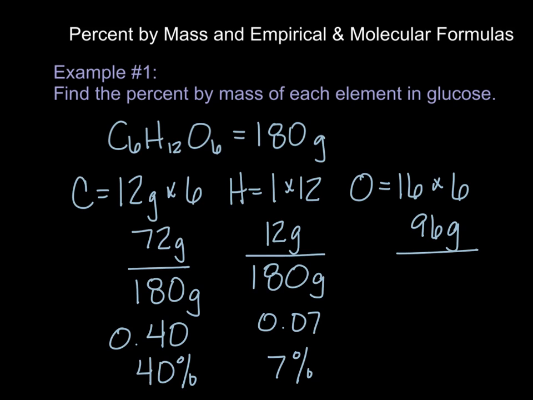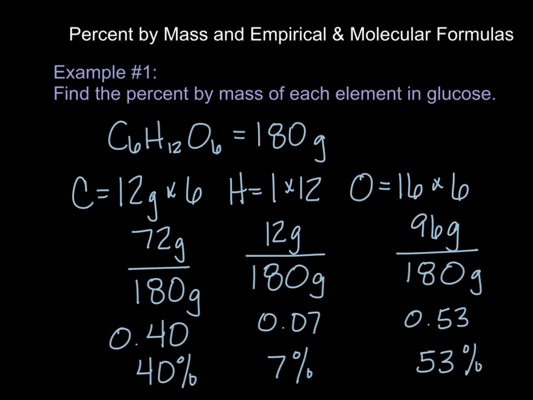And finally, do the same thing for oxygen, divided by the mass of 1 mole of my molecule, and I get 0.53 times 100 is 53%. And to check my answer, my percentages should all add up to 100%.